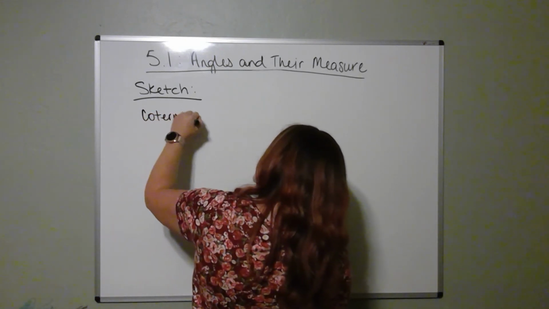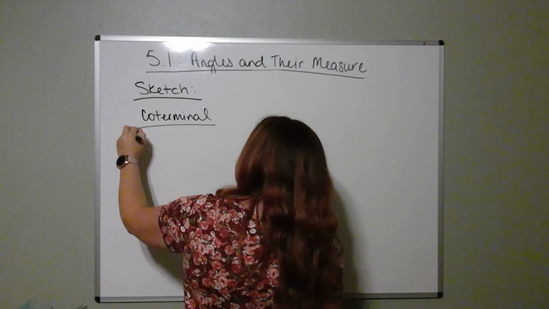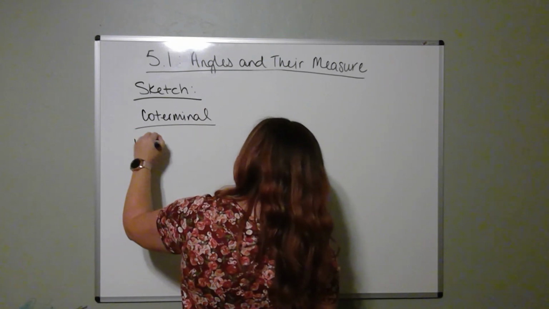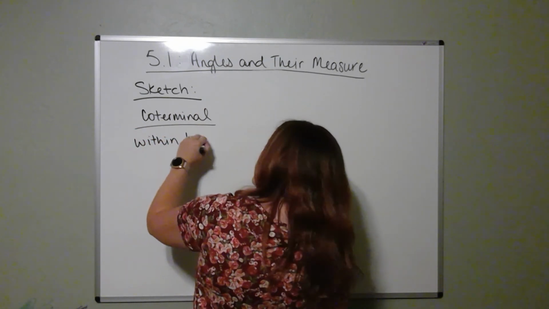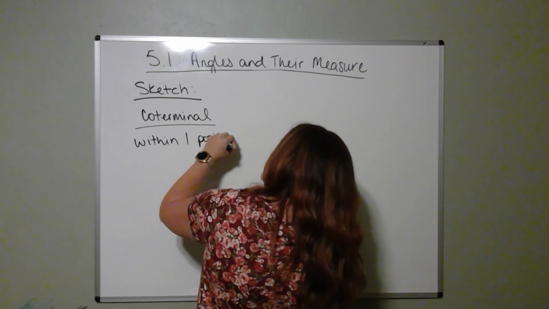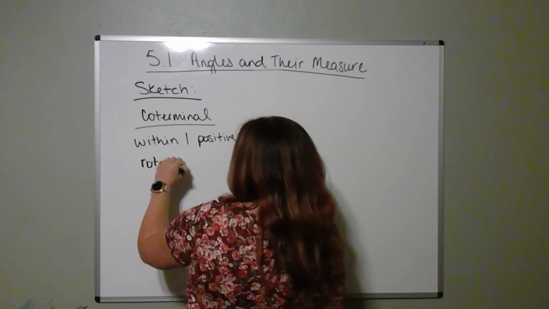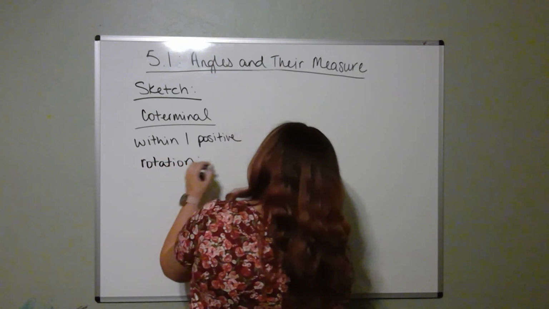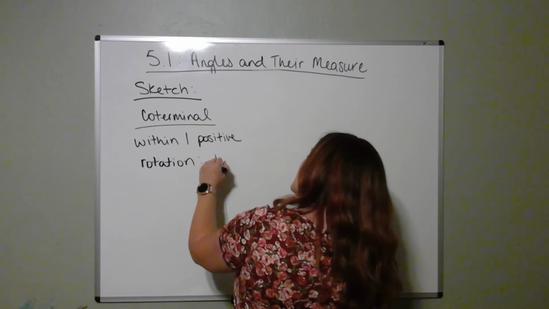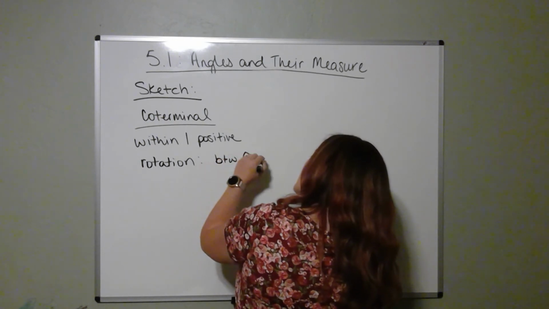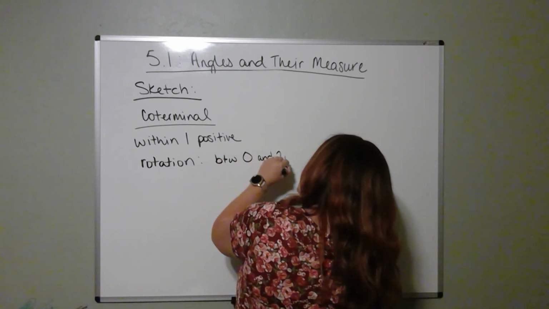Remember, when we're looking for coterminal angles, I want it within 1 positive rotation. That is always our goal. So in degrees, that was between 0 and 360. But in radians, that's between 0 and 2 pi, right?